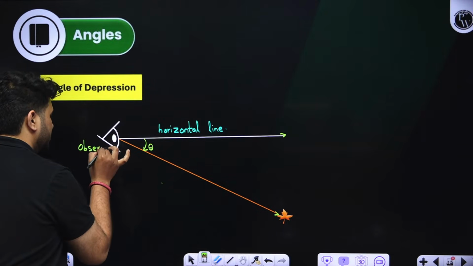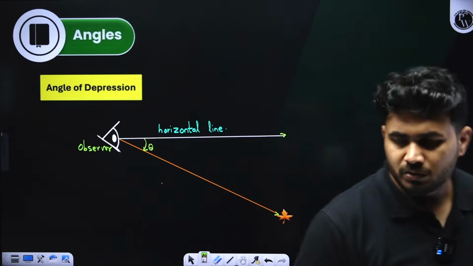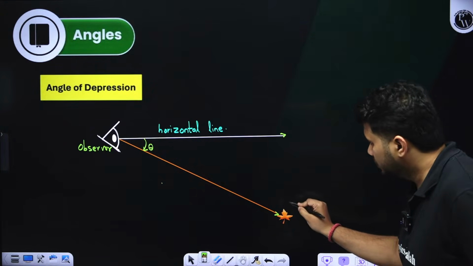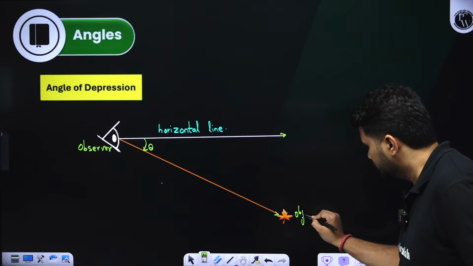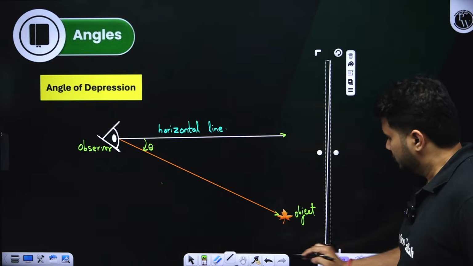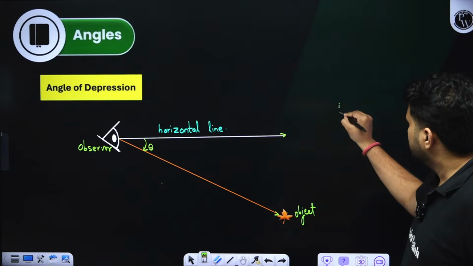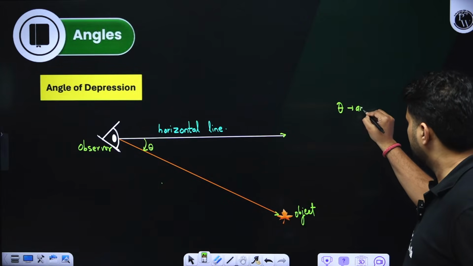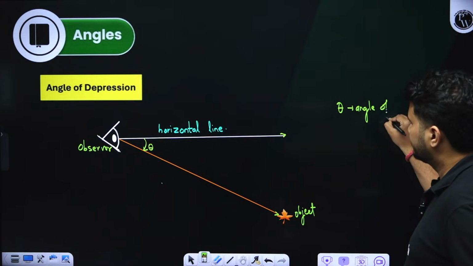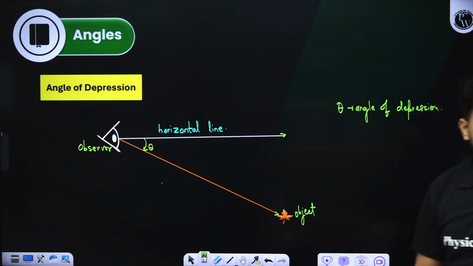Look, if it is below the horizontal line, it is depression. Yes or no? Clear? So here this is nothing but the object we have. So sorry, theta is angle of depression. Clear? Fine. I hope there is no confusion now.